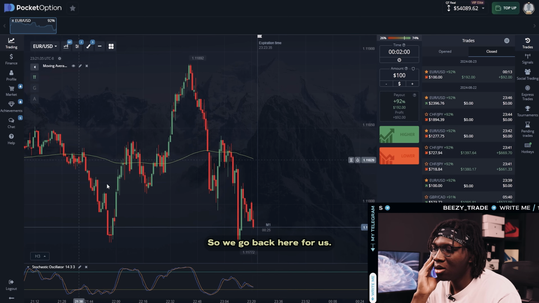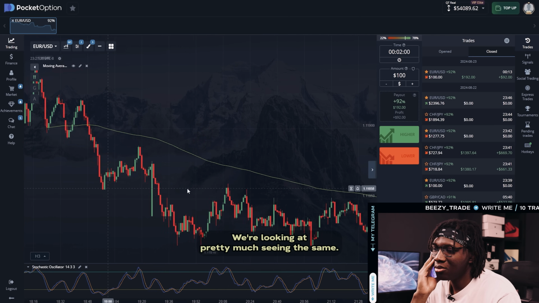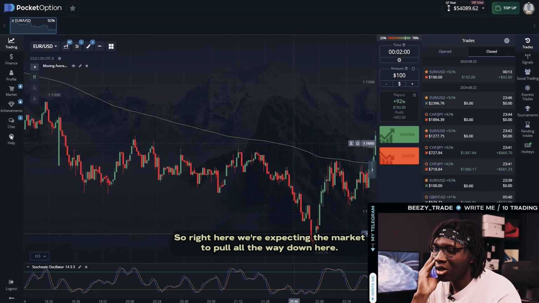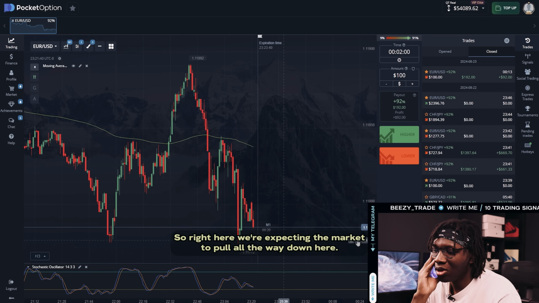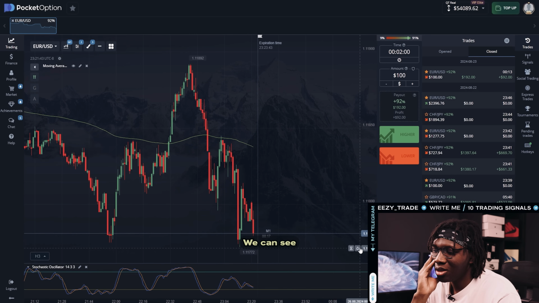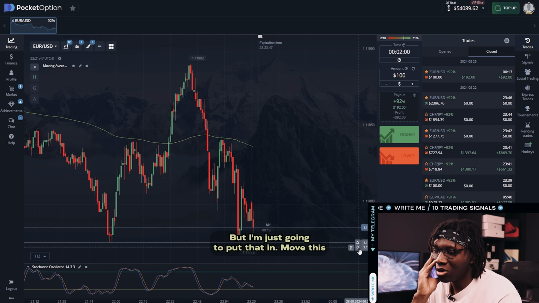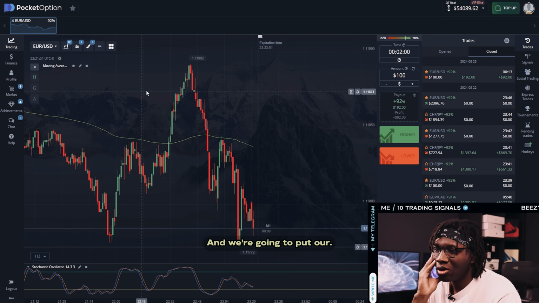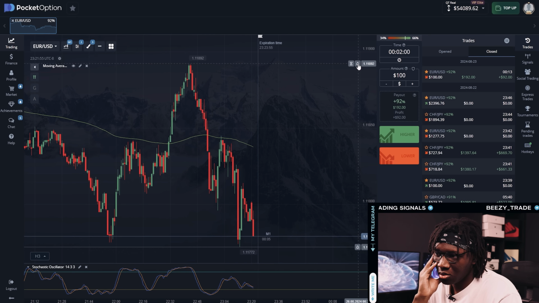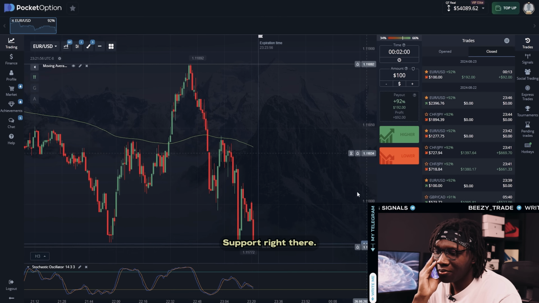When we go back here, what else are we looking at? Pretty much seems the same. So right here, we're expecting the market to pull all the way down here. We can see the market pull a little bit lower here, but I'm just gonna put that and remove this, right? And we're gonna put out support right there.